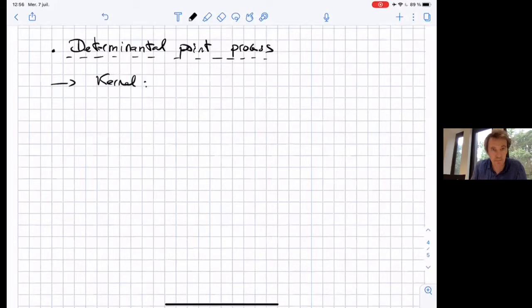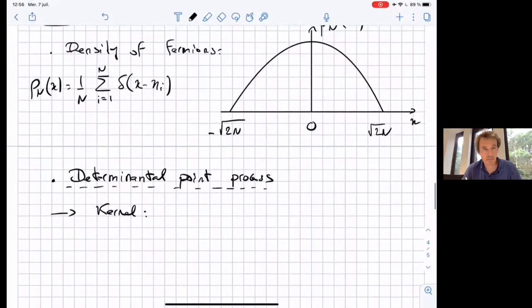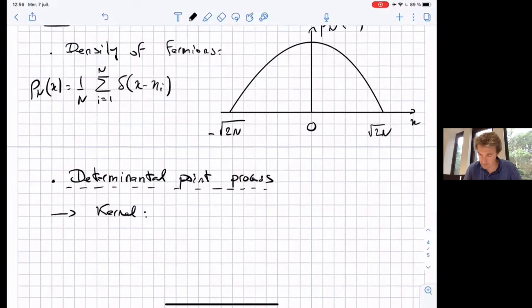Excuse me, one question. Yes, please. Just like for the eigenvalues of GUE, can we not just scale the variables xi here so that we get a support from minus square root of 2 to plus square root of 2? Sure. Yeah, of course. But still, in the physical problem, you have to keep in mind that the extent is actually of order square root of 2n. So scaling is not allowed, is it? No, you can scale, but if you are an experimentalist, if you have n fermions, you will not scale anything, right?